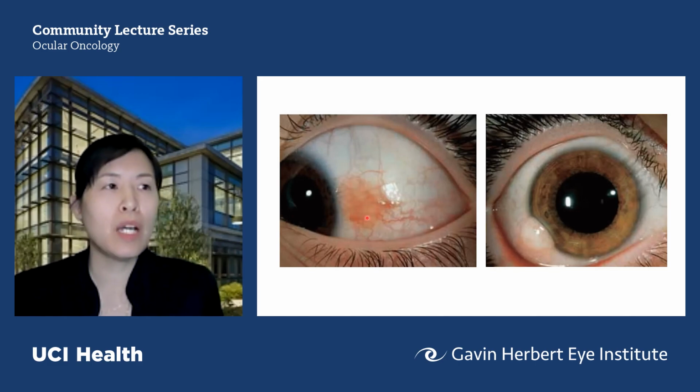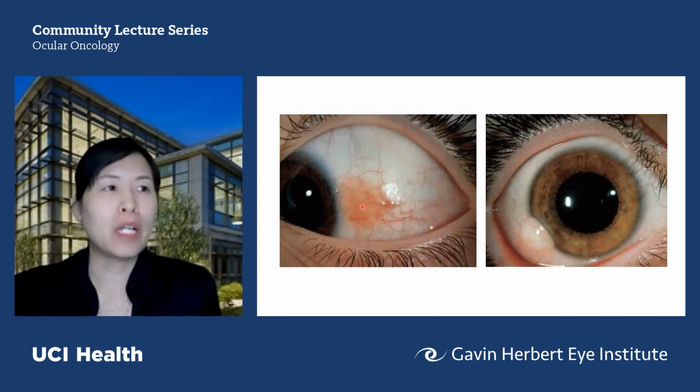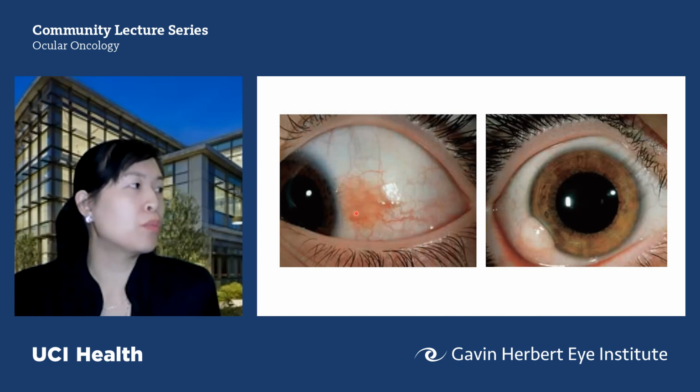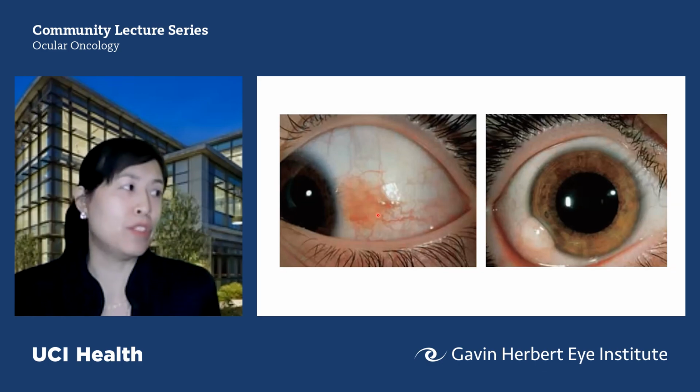The typical time that these things will grow is in childhood when the kid is growing, especially in puberty, or the other time is during pregnancy. These are benign. Some patients are worried about them. They don't like them, and it can be removed for that reason, but it doesn't have to.